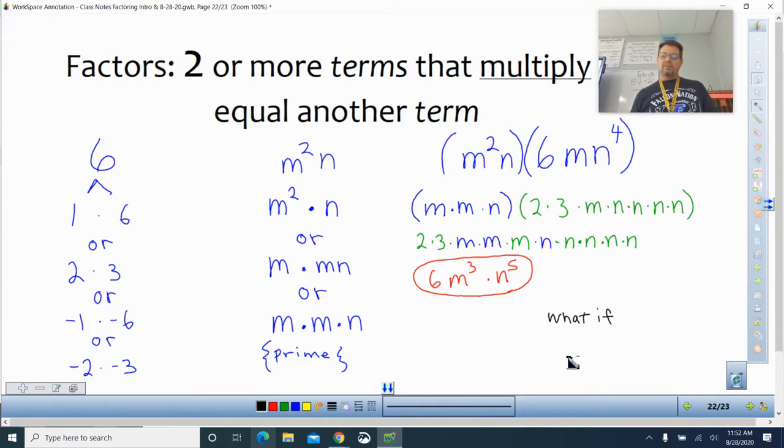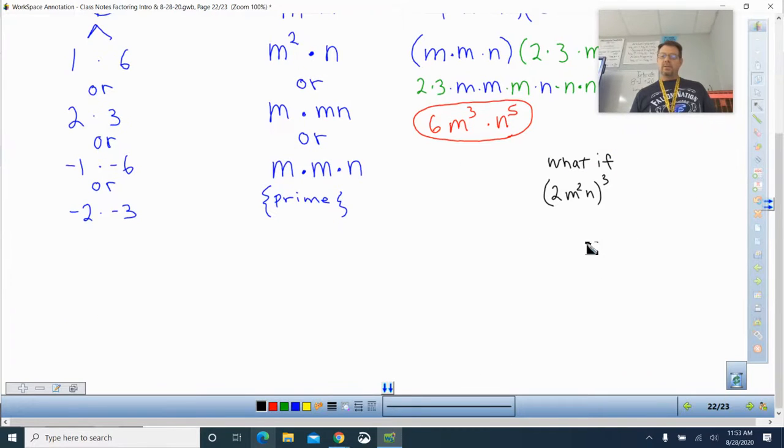What if you had, let's say, 2m squared n to the 3rd power? What does that mean? It means 2m squared n times 2m squared n times 2m squared n.